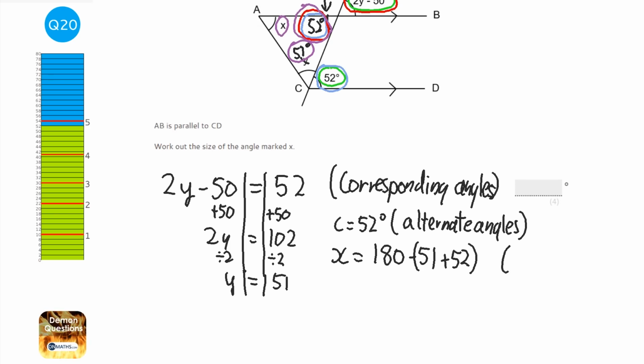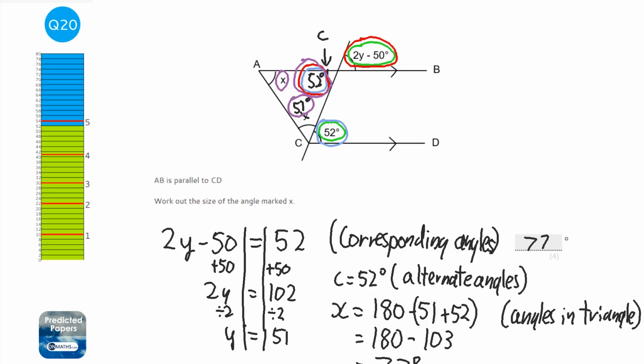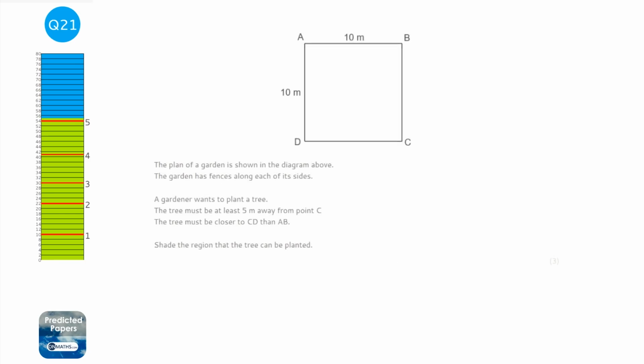And the reason is angles in a triangle. Okay, so I know that 51 plus 52 is going to be 103, and therefore that's going to be 77 degrees. So my answer is 77 degrees.